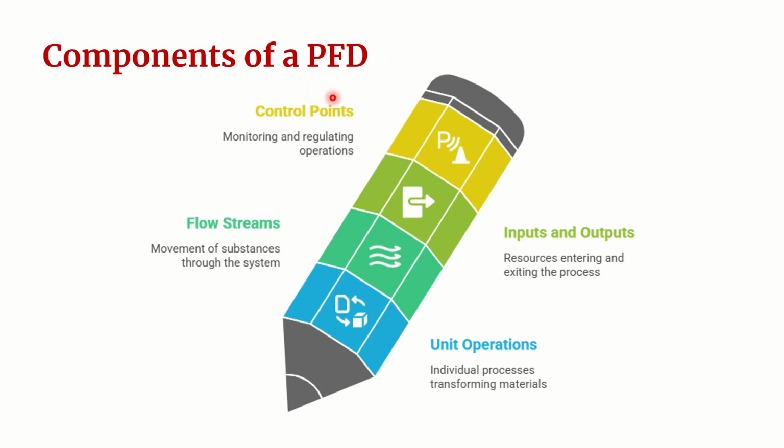Then control points, which indicate where the data can be collected, like monitoring and regulating operations. So that is control points, where you can collect the data. So start with a high level diagram, and you can add some details in order to make a perfect process flow diagram.